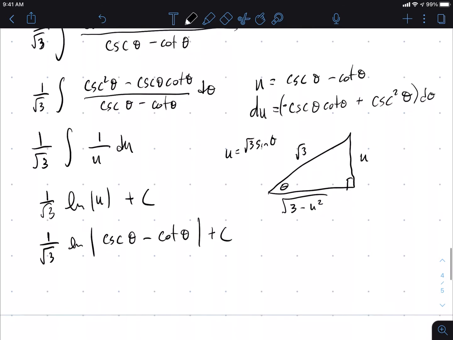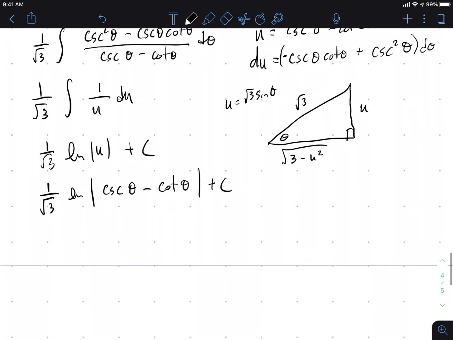Yes. All right, so then I'll try to get this fit in here. I'm going to get ln of cosecant theta, which is the reciprocal of sine.